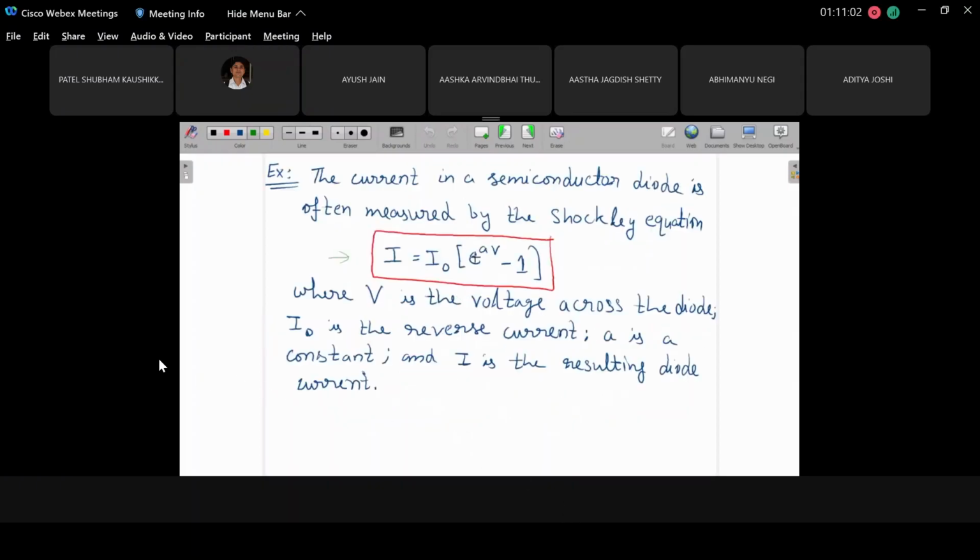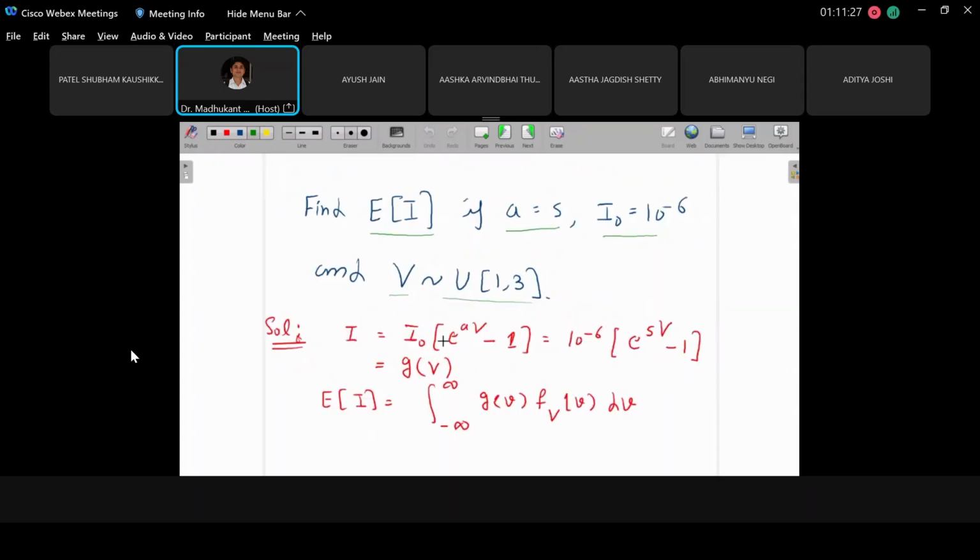I naught is constant, A is constant, but I is a function of V. V is a random variable, so this complete expression is a random variable. So the expectation of I is nothing but the expectation of this. I is nothing but g of V, where for I naught you can put 10 to the power minus 6, and the A value is 5.